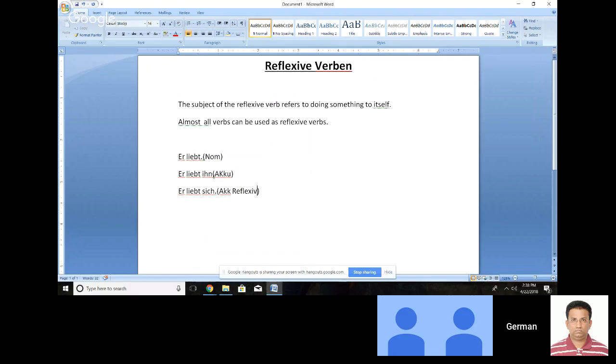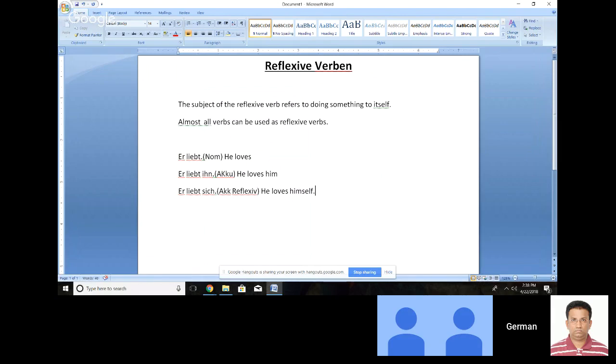Okay, the difference in the meaning is: er liebt means he loves. Er liebt ihn means he loves him. And er liebt sich means he loves himself.